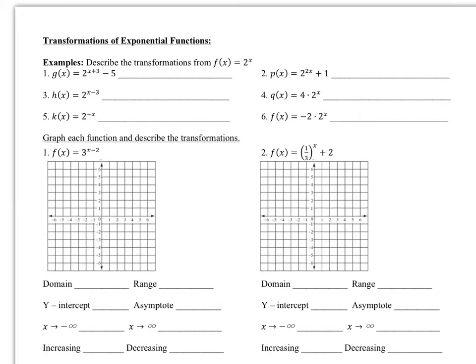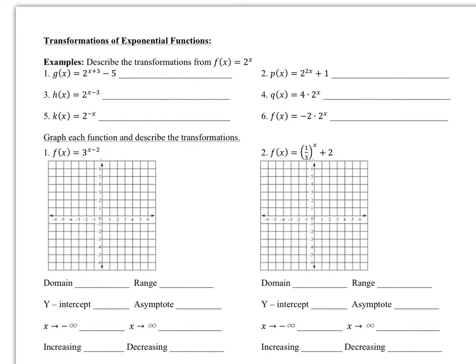So now we want to start talking about transformations with these fun things. All of our transformation properties that we learned back in Unit 2 apply for this one. So if I look at this first example, 2 to the x plus 3 minus 5, what transformations are going on in this problem? Well, I have a minus 5, which means I'm going down 5.